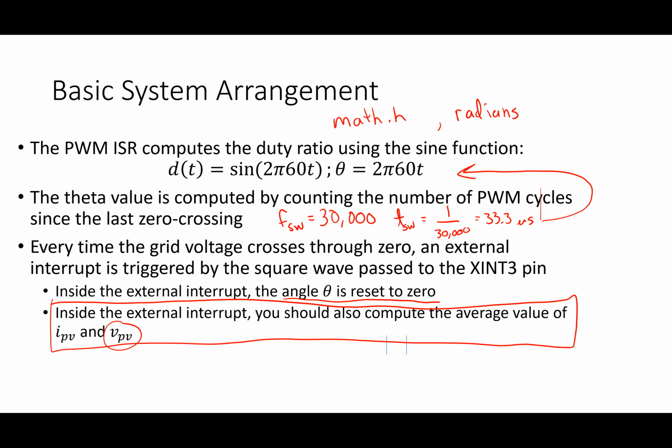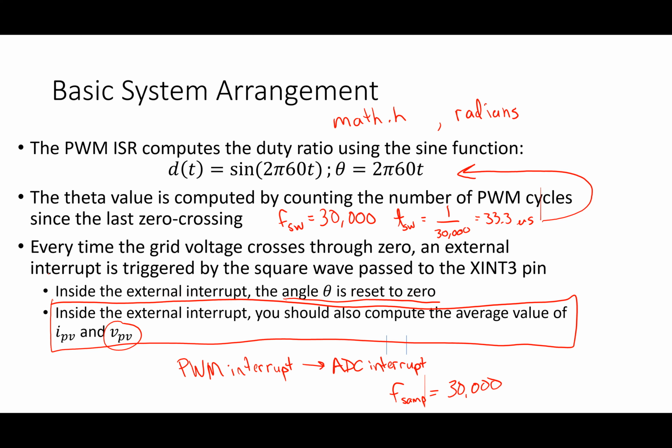Okay, so remember, one thing I guess I didn't say here, right, but the PWM interrupt triggers the ADC interrupt. So essentially what that means is that I'm also sampling at 30 kilohertz. Now I know that the panel voltage and the panel current don't change at 30 kilohertz.